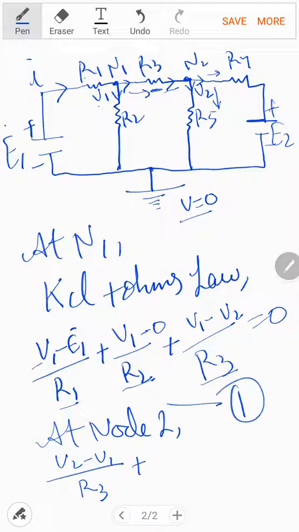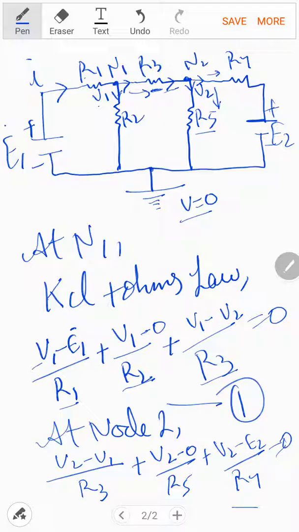And again we apply Kirchhoff's current law. The current through resistance R5 will be (V2 minus 0) divided by R5, and the current through resistance R4 will be (V2 minus E2) divided by R4, equal to 0. We'll call this equation 2.